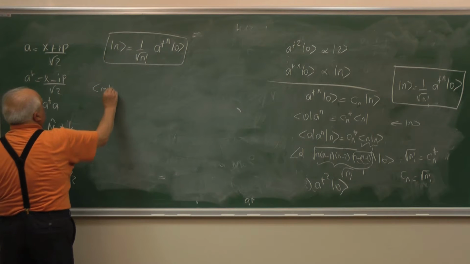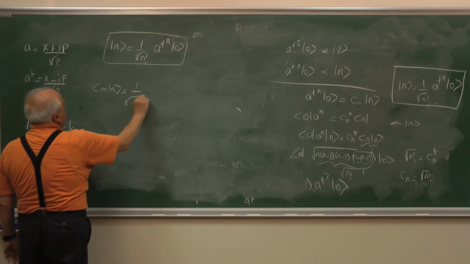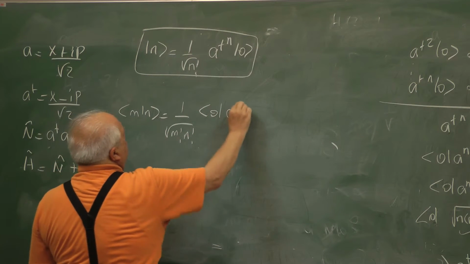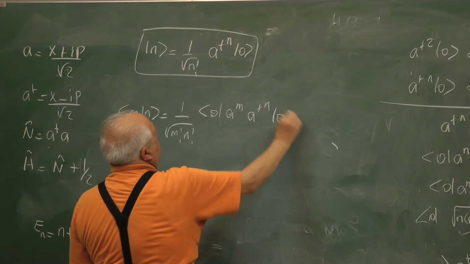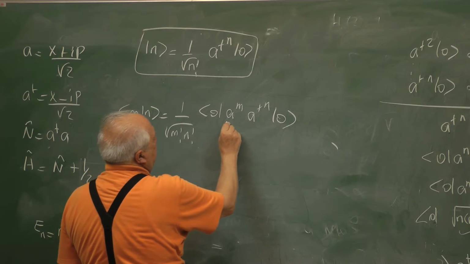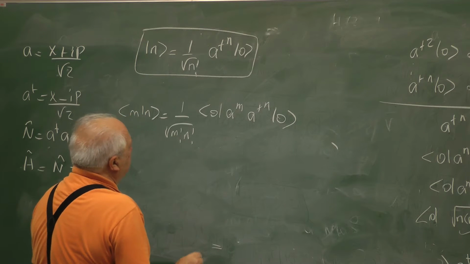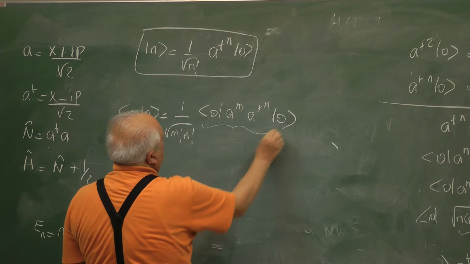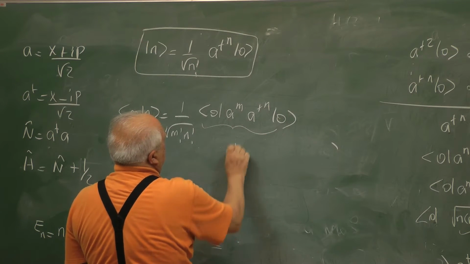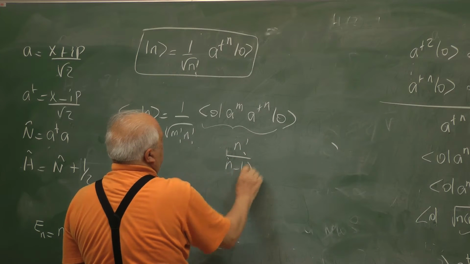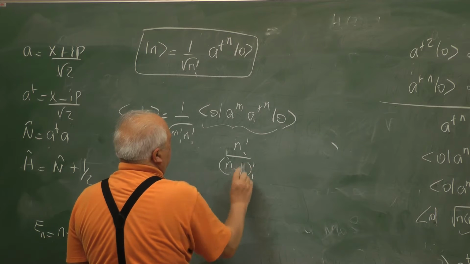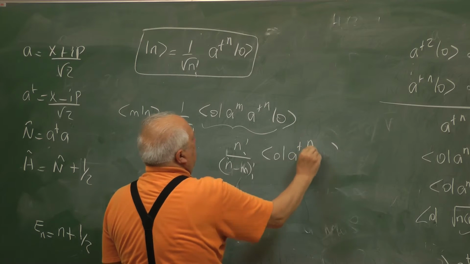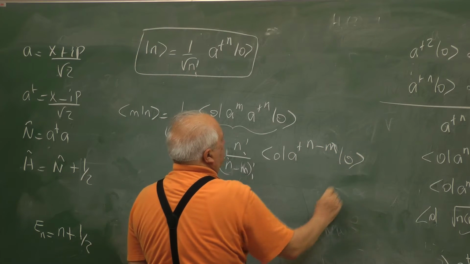Mn would be 1 over root m factorial n factorial 0 am a dagger n 0. And this is simply n factorial over n minus k factorial, n minus m factorial, 0 a dagger n minus m 0.